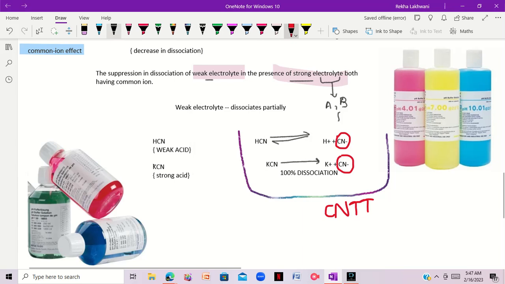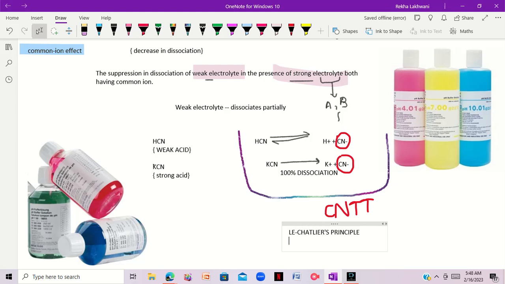Le Chatelier's principle. Okay, now what is this? Basically, according to Le Chatelier's principle, when there is an equilibrium, like this is an equilibrium.